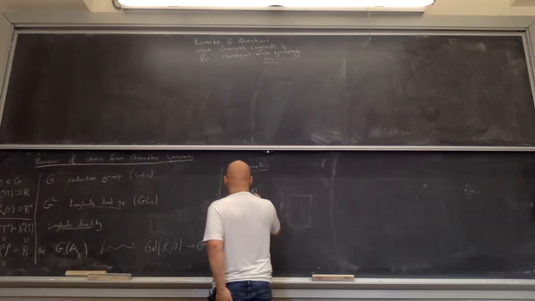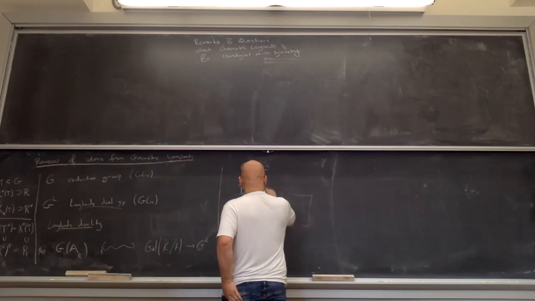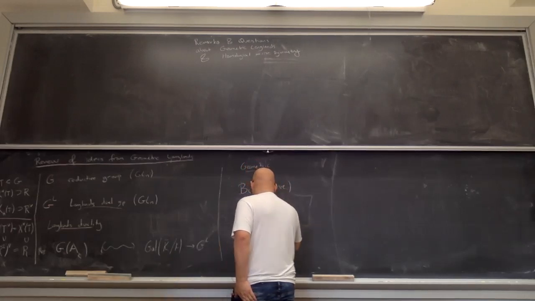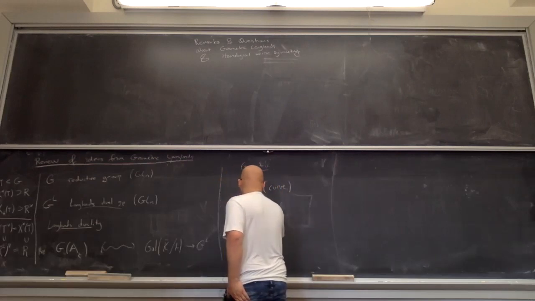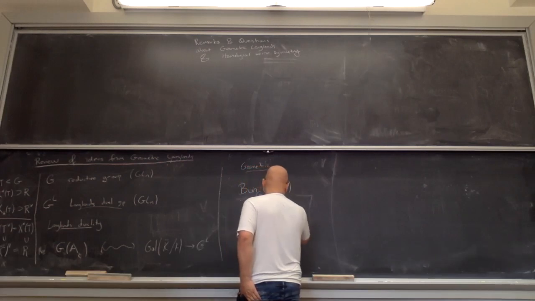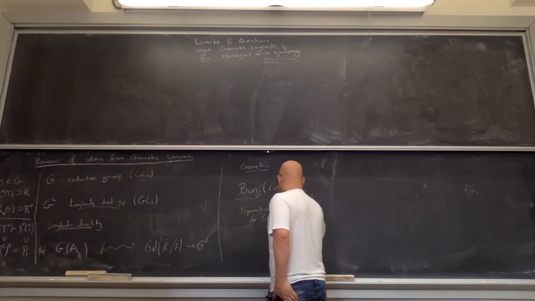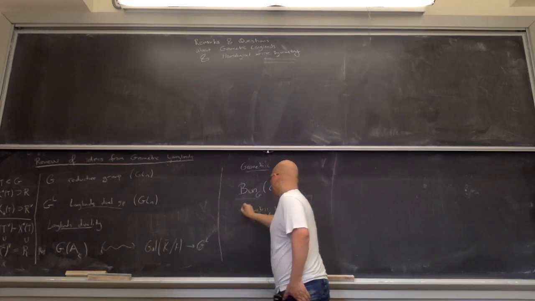So on the one side, you study G bundles on a curve, and you study this because it's some kind of symmetric space for this G, the function field of a curve. Okay.